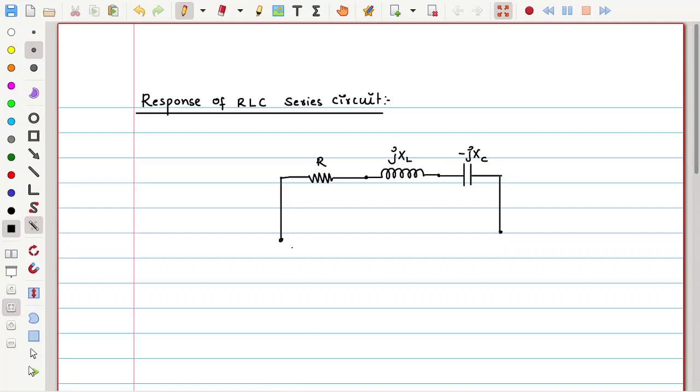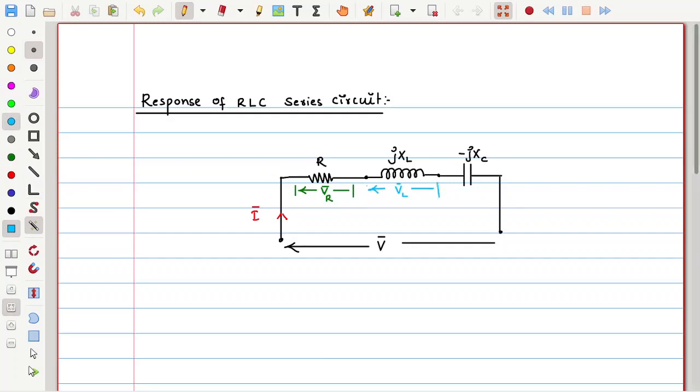If the total voltage across this entire system is V bar, the applied voltage from here to here, then as a result of this voltage we may have some current passing through this series circuit. As current passes through it, we will see some voltage across the resistor, let us say VR bar, and also some voltage across the inductor, which is VL bar.